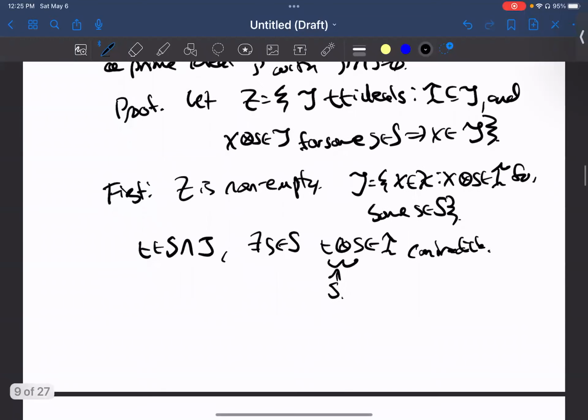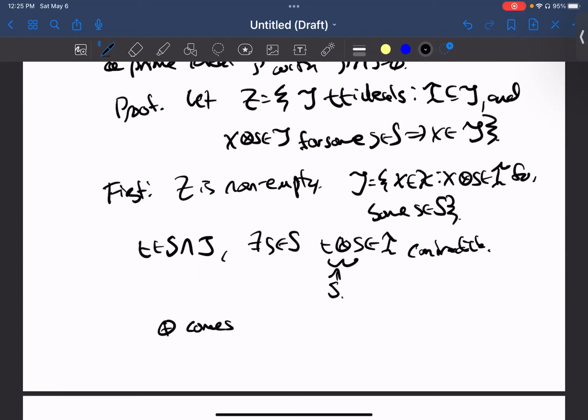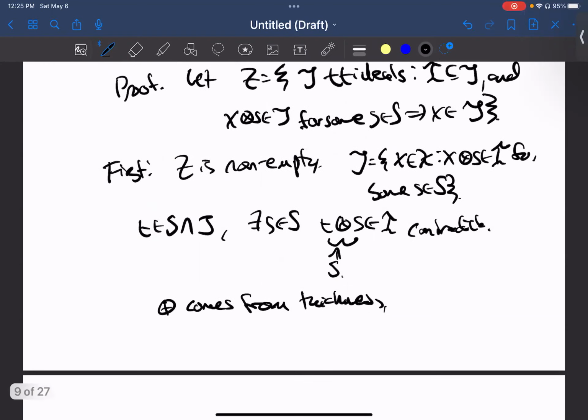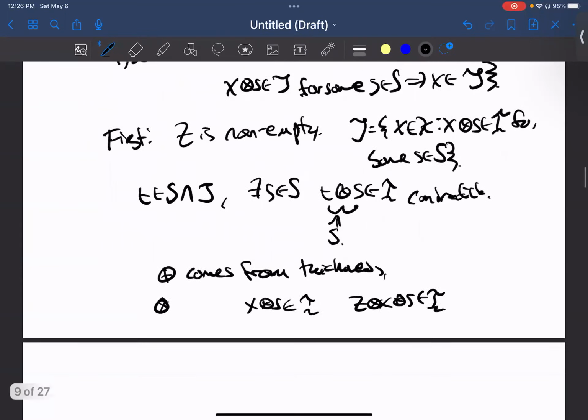So therefore, this is disjoint from S still, and to see that it's thick is rather clear using the fact that tensor product commutes with direct sums and I is thick. The second point we have to show is that it's closed under tensor products, but this is clear because if X tensor S is in I, then Z tensor X tensor S is in I just from the fact it forms an ideal.